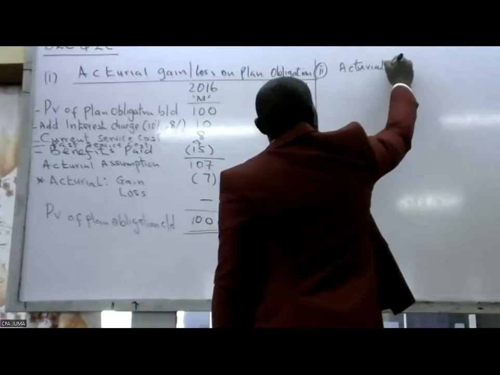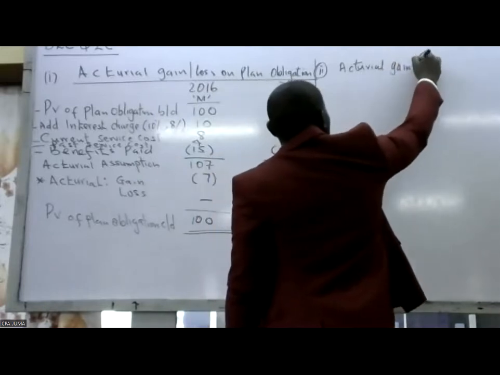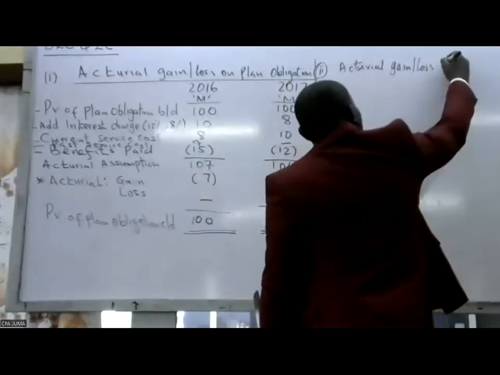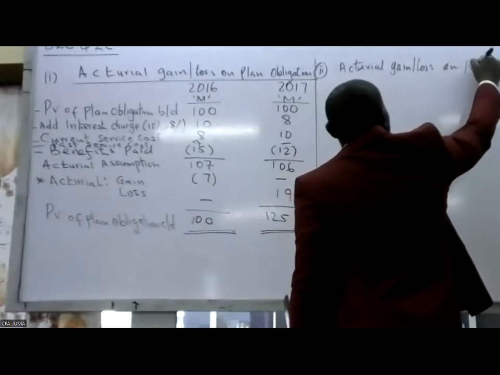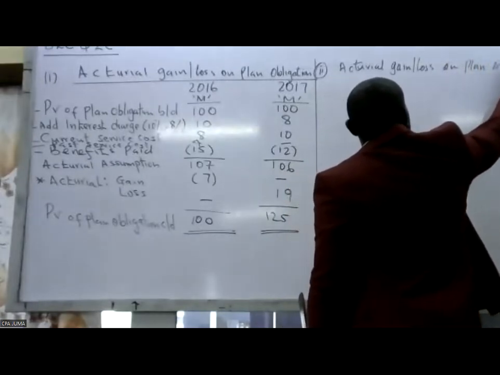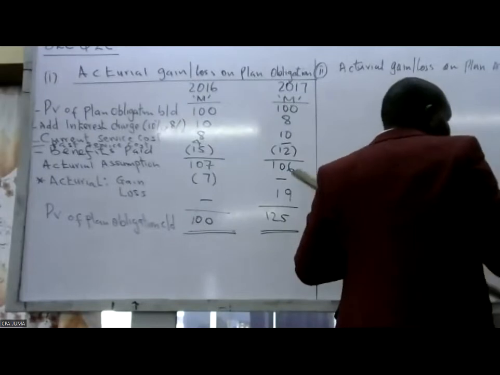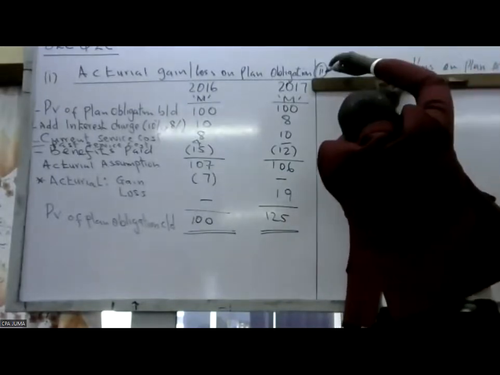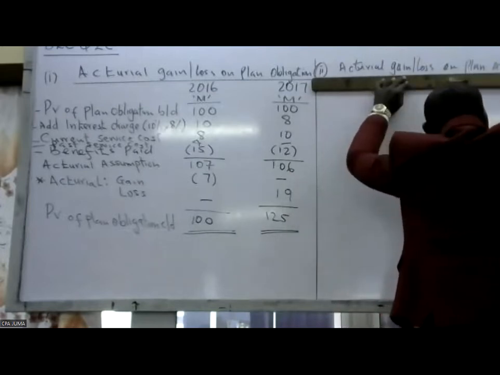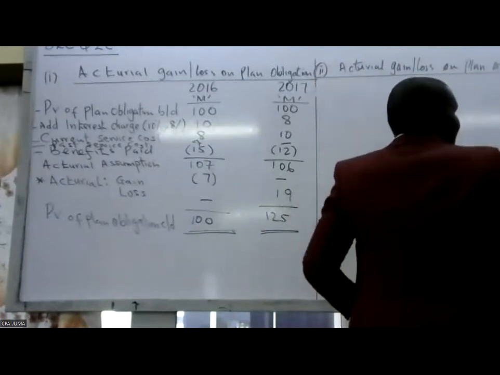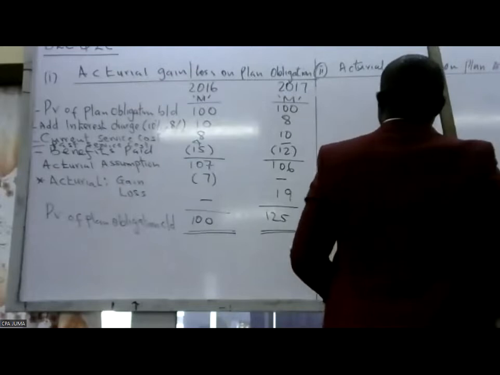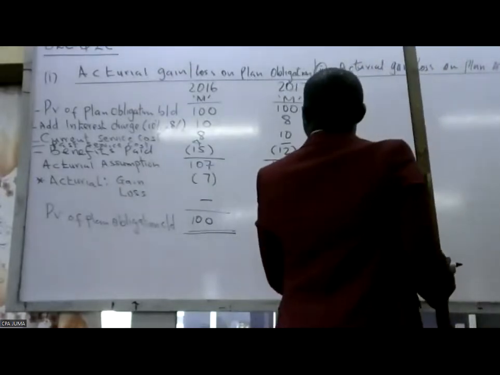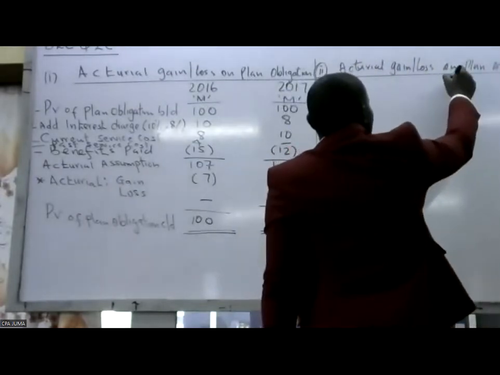Actuarial gain or loss on plan assets. So plan assets, the same arrangement, 2016, 2017.